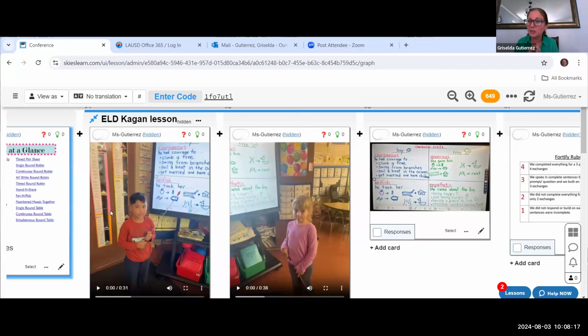We read the story of The Giving Tree, and as a class we came up with four traits, two for the tree and two for the little boy in the story. I don't know if you're familiar with that story. It's a great story. We've been learning about character traits, and they came up with courageous and selfish for the boy, and generous and empathetic for the tree.